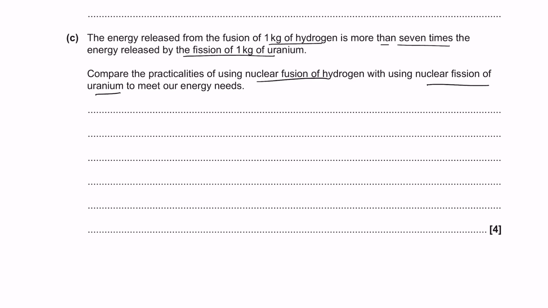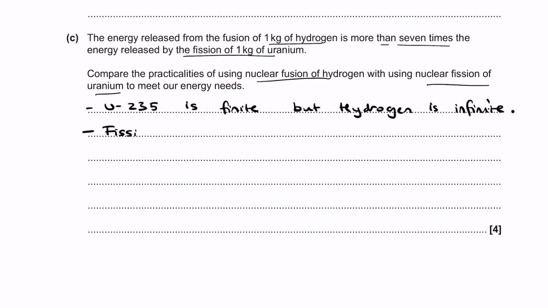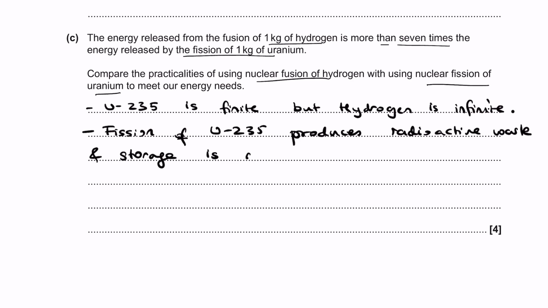So the first thing that comes to your mind is uranium-235 is finite, but hydrogen isn't. So we have abundance, and therefore the amount of energy, we don't have to worry about how long we can use it for. Then the second thing is fission of uranium-235 produces radioactive waste, and storage, of course, is a serious safety issue, but fusion of hydrogen doesn't produce any radioactive waste.